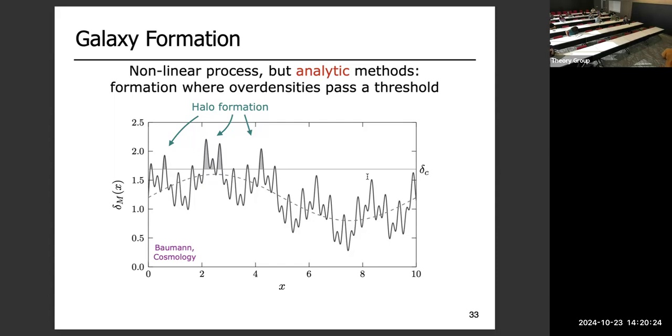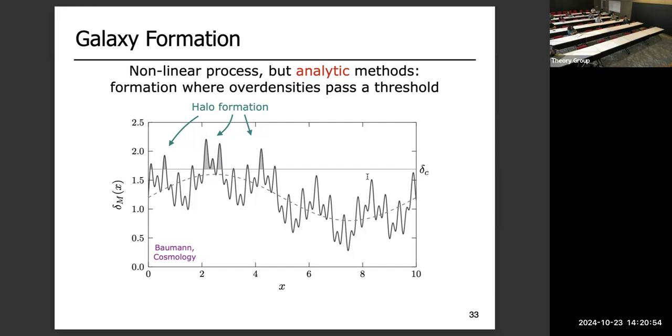But you can make a lot of progress by doing the semi-analytical Press-Schechter type analysis, which says that if you take some random realization of the density contrast as a function of position, then you can figure out certain regions where the density contrast goes above some critical threshold, which is like 1.68 or so.